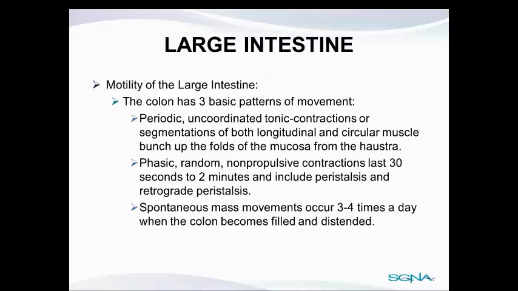This mixes the stool material to help absorb its liquid content without advancing the material toward the anus; and spontaneous mass movements, which occur 3 to 4 times a day when the colon becomes filled and distended.